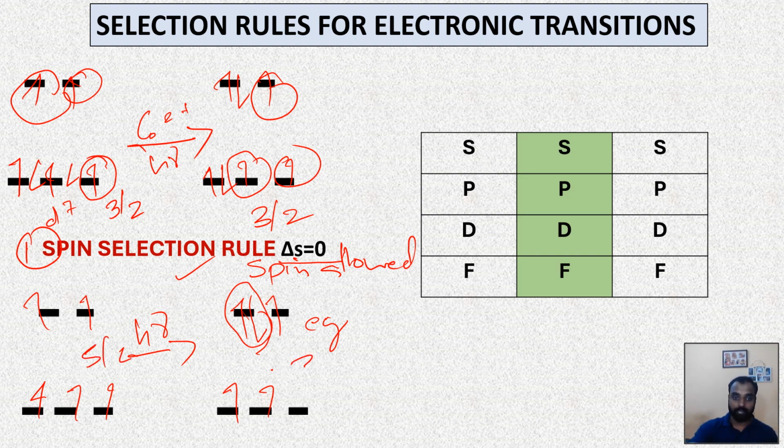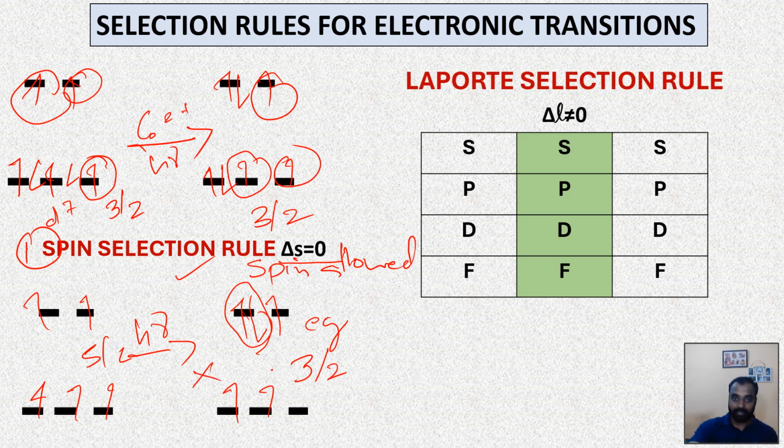Here we have only 3 unpaired electrons. The total spin is 3 by 2. It is spin forbidden. The second selection rule is the Laporte selection rule, that is delta L not equal to 0 in a transition. It is a Laporte allowed transition. Or precisely we can say that delta L must be plus or minus one.